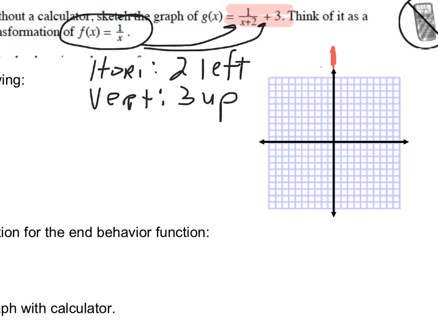So I now have a vertical asymptote at x equaling -2, and a horizontal asymptote is going to be moved up 3. So 1, 2, 3, and that's at y equaling 3.